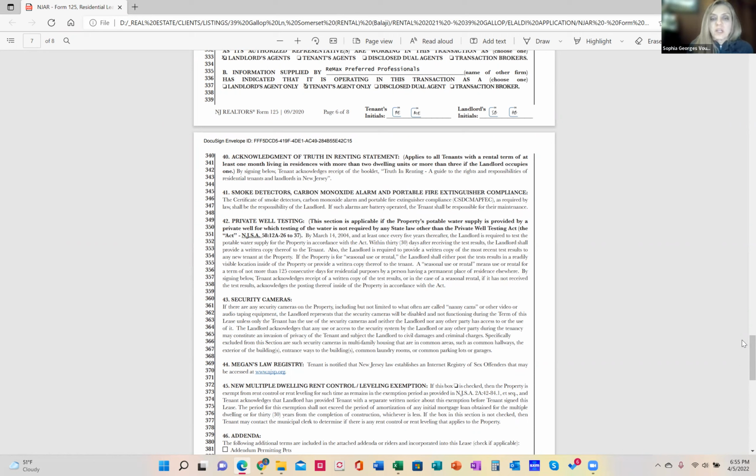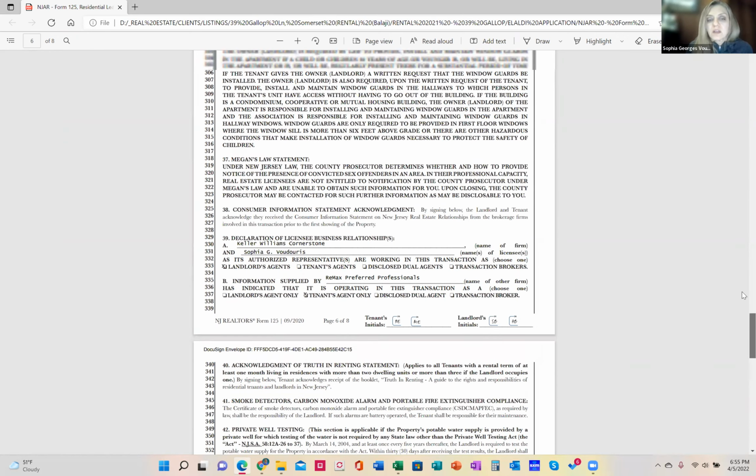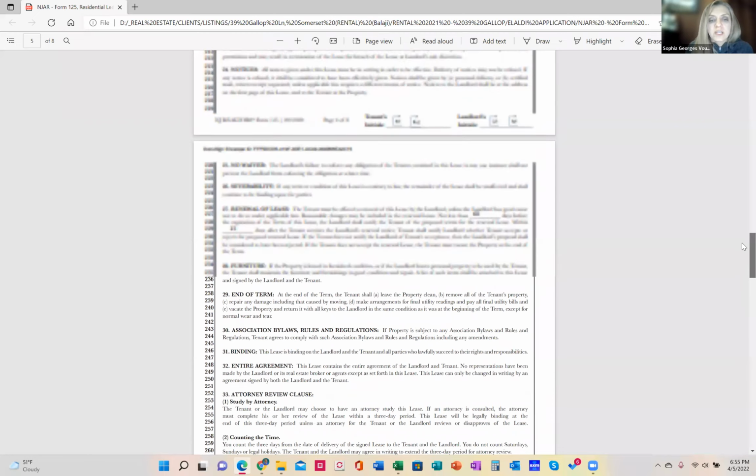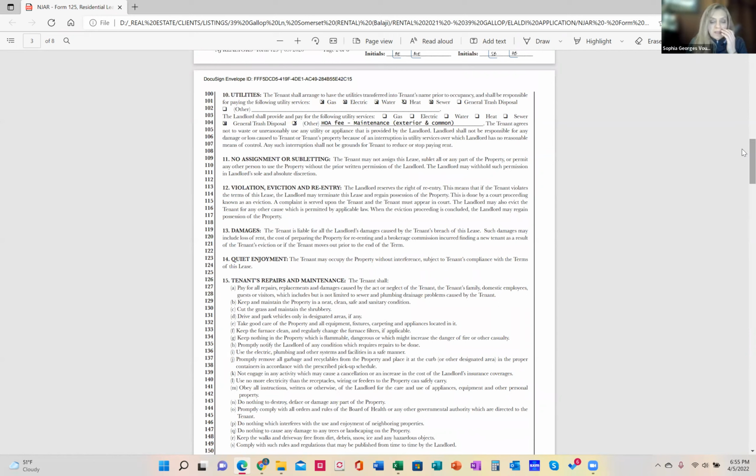So in this community here, and this is going to be in the MLS. So if you go up here to where it was the utilities, this breaks it down based on what was written in the MLS. So in this development, the HOA covers all exterior and common areas. So the landlord will pay for that, but the other expenses, the tenant pays for. So in this case, the way I had it set up in the MLS, the utilities, gas, electric, water, heat, sewer.